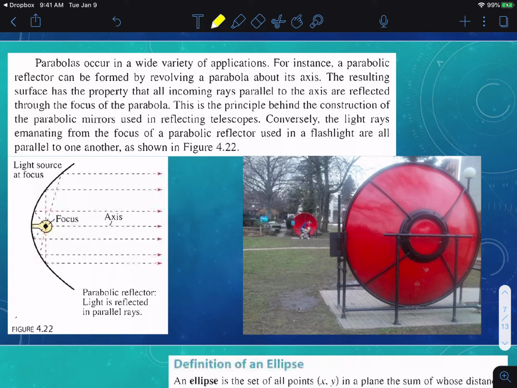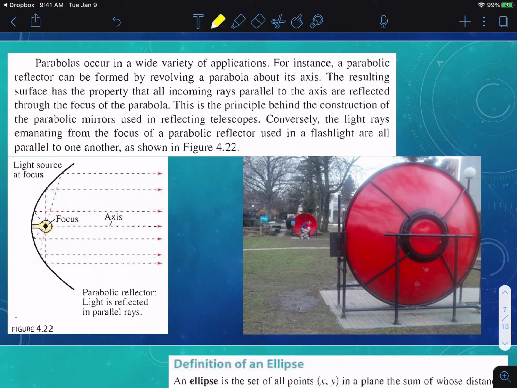This is the principle behind the construction of parabolic mirrors used in reflecting telescopes. Conversely, if the light rays emanating are coming from the focus of a parabolic reflector, that's how a flashlight works. And it's used in flashlights and are all parallel to one another. And so that's why flashlights have such a nice focused form of light.